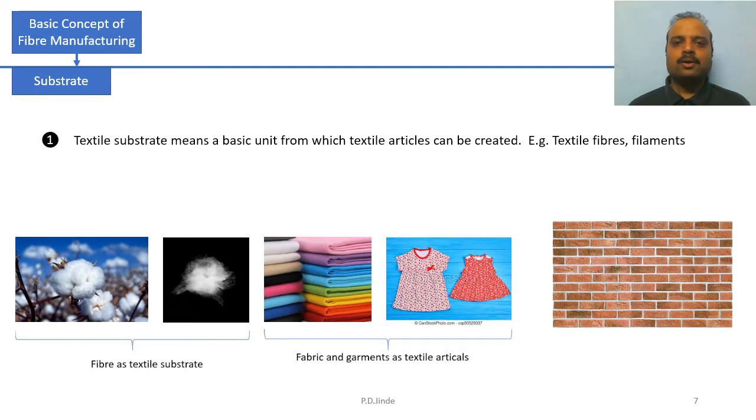Fibers and their properties are very important as they decide the properties of a fabric and a garment. For example, a fabric made out of high strength fiber gives a longer service life. The shirt or dress material made out of a high strength fiber lasts long compared to low strength fiber.